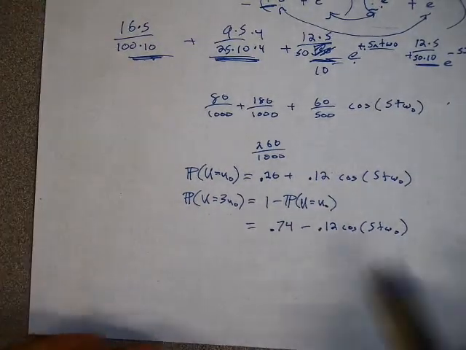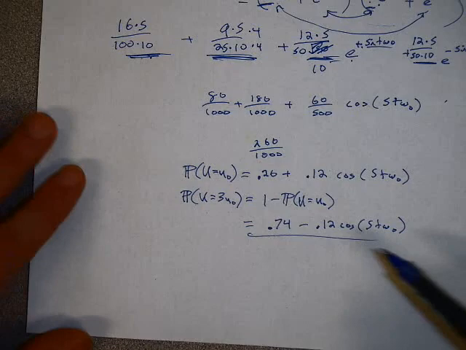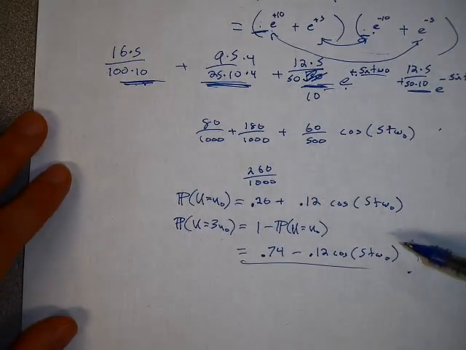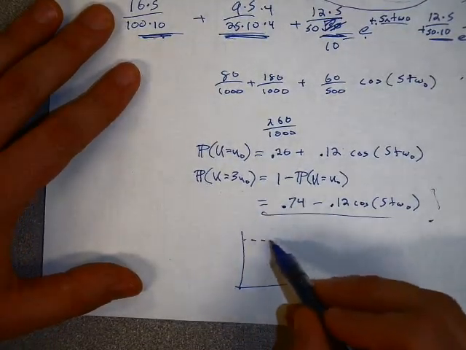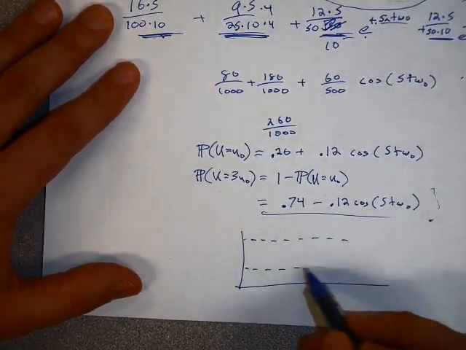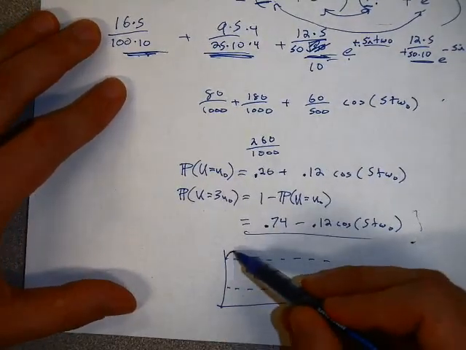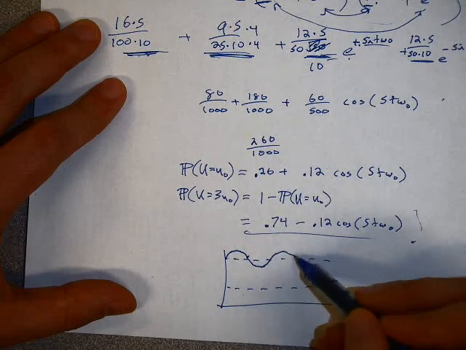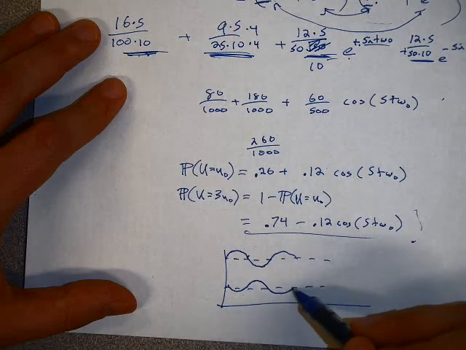And I know we didn't do that out the long way, but I think you would see that most of it goes kind of the same, and so if you thought about this, as time goes by, here's 0.74 and here's 0.26. Sometimes the odds of finding it in the 3u state are higher, and sometimes it's a little bit lower. This guy's going to be doing the exact opposite of that, right?